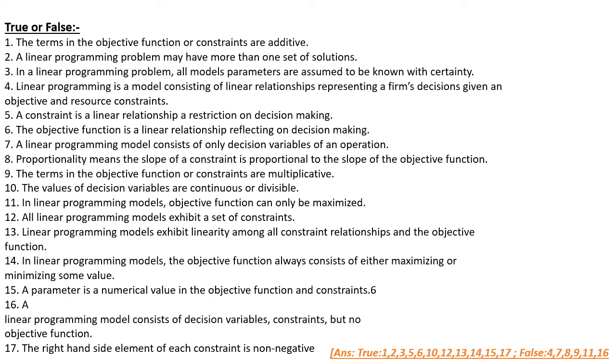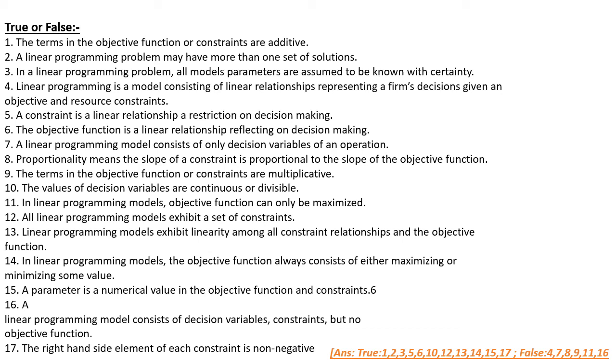Linear programming is a model consisting of linear relationship representing a firm's decision given an objective and resource constraint. Answer false. A constraint is a linear relationship, a restriction on decision making. True. The objective function is a linear relationship reflecting on decision making. True.